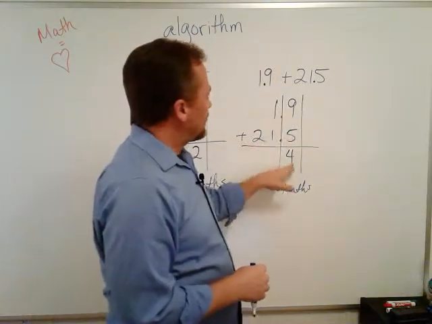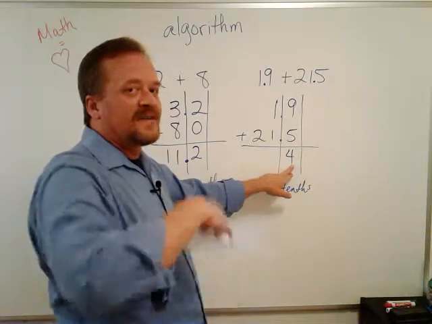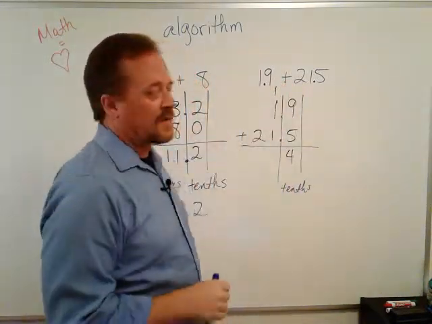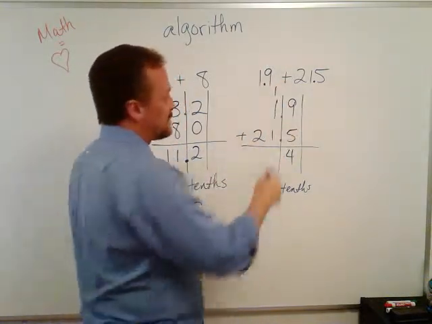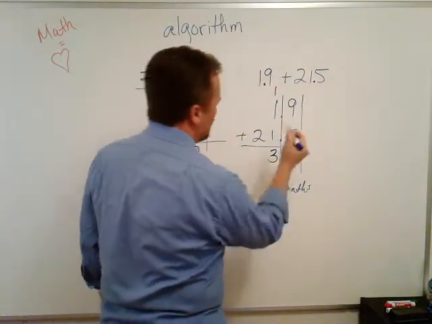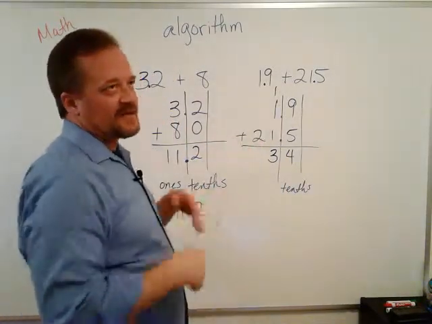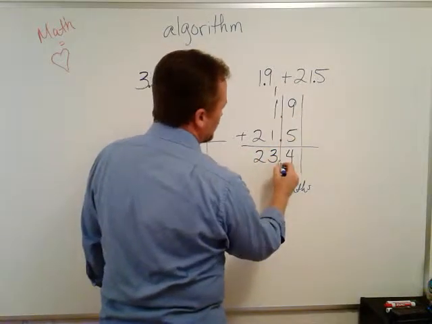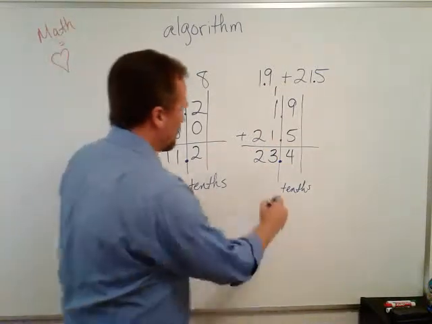So the 4 stays here in the tenths because those are actually tenths, but the other 10 will be represented in the ones place as 1, okay? And now in the ones place, I have 3 ones, so I'll just add those. And 2 is hanging out here in the tens place all by itself, so I'll just bring that down and make sure that you also write that decimal straight down the line, okay?